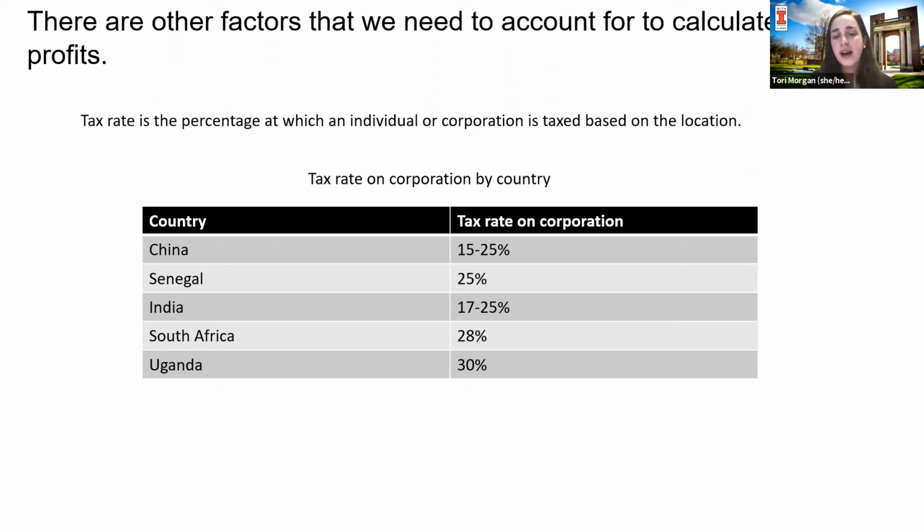You can see how some tax rates are a lot lower. In China, it's as low as 15%, but can vary up to 25%. But in Uganda, the tax rate is 30% on corporations. So if you're looking at a specific area, you'll want to make sure that you use the tax rate for that location.